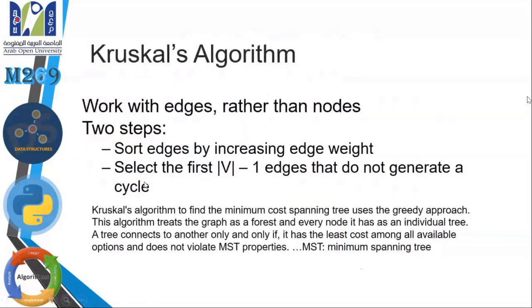Okay, forget about any cycle that might happen. The Kruskal algorithm to find the minimum cost spanning tree uses a greedy approach. This algorithm treats the graph as a forest, and every node is an individual tree. A tree connects to another only and only if it has the least cost, the minimum, among available options.